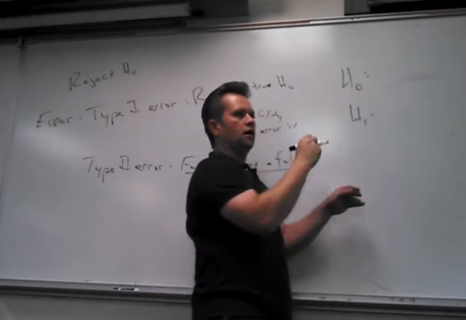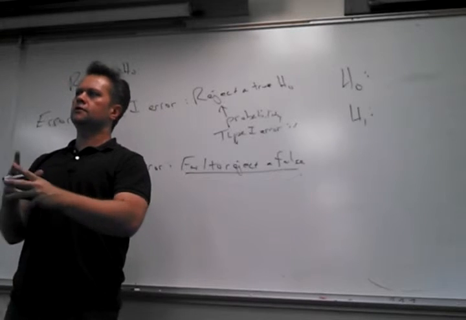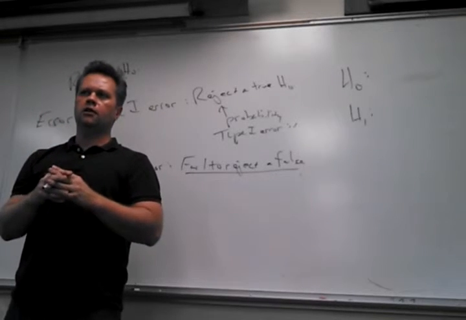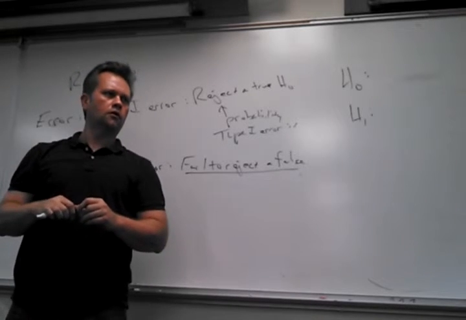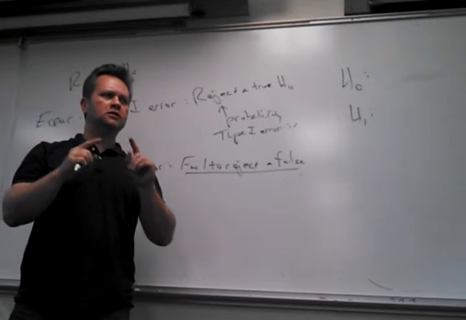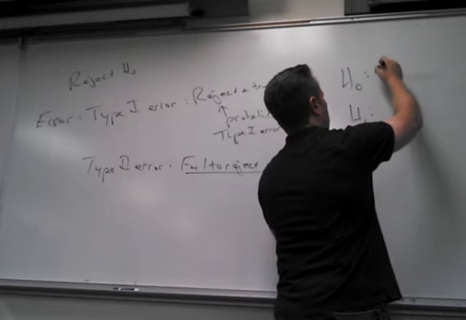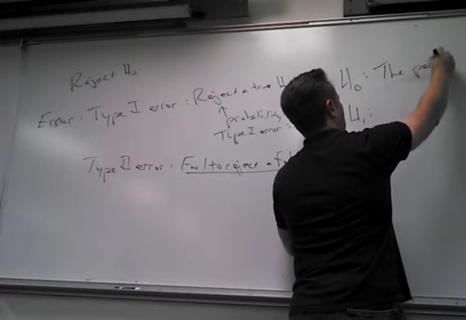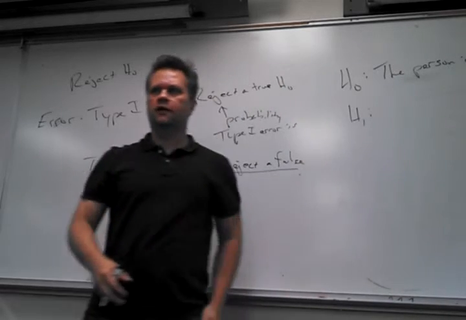So let's say my null. What do you think my null hypothesis is here? What am I going to assume? If I assume that they're dead, I'm not even going to check them out. So I'm going to say, I think that the person is alive. That's what I'm checking. And then I go up to them to check to see if that's true.